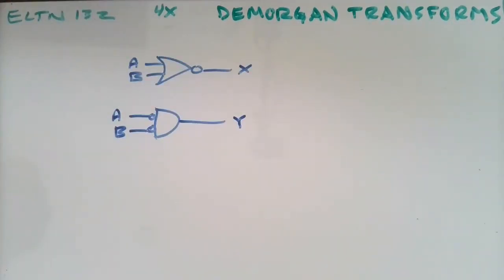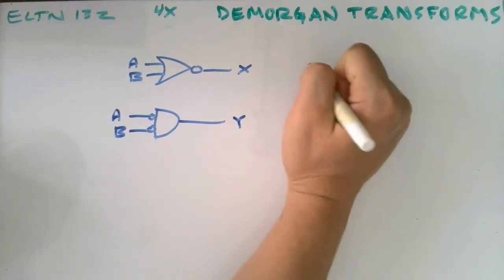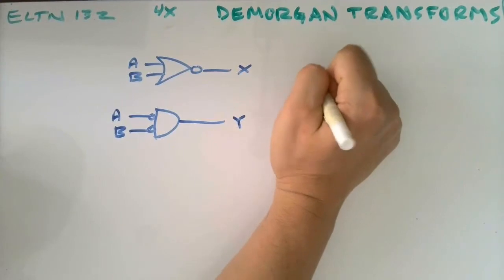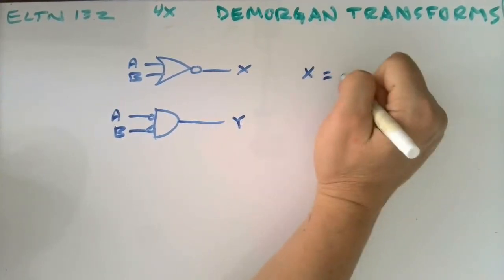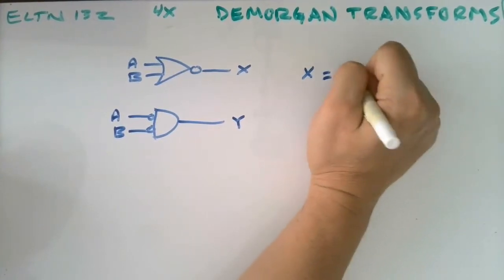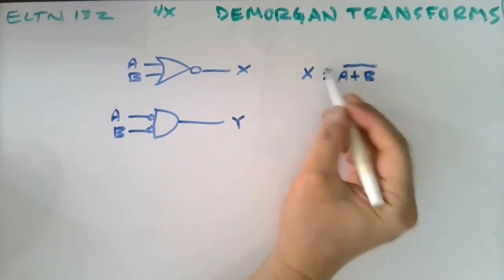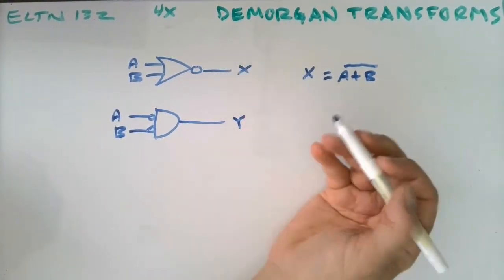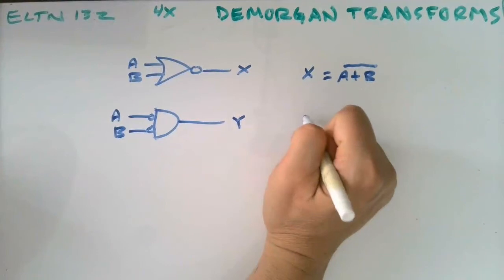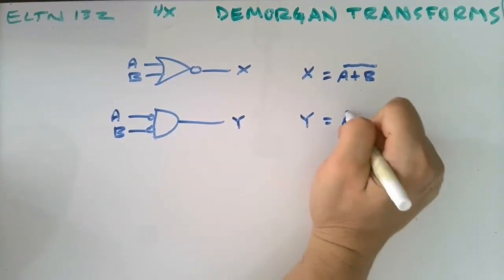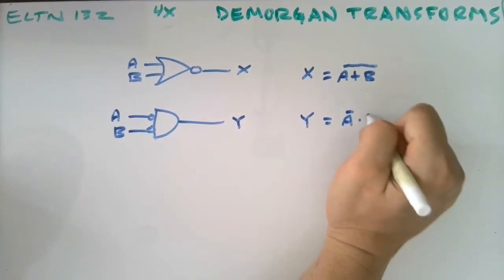Let's start by writing what the Boolean expressions would be if we're writing this out in Boolean algebra. So basically what this says is X equals A or B, not, right? Again, the bar over both terms represents that we have an inverted output. On the bottom, we have Y equals A not ANDed with B not.